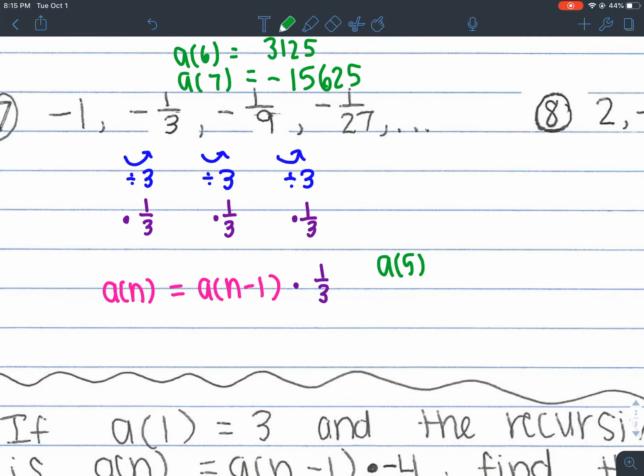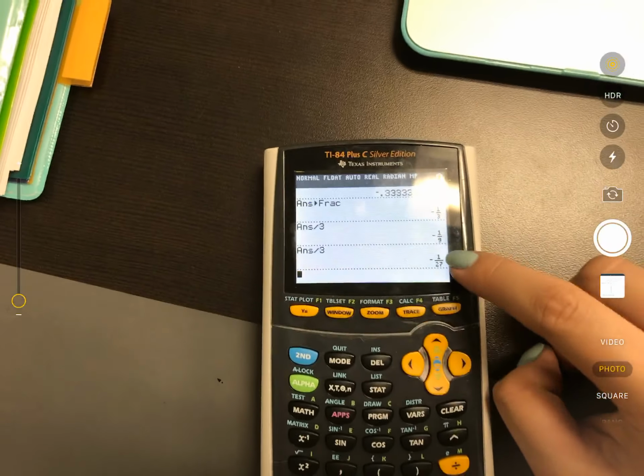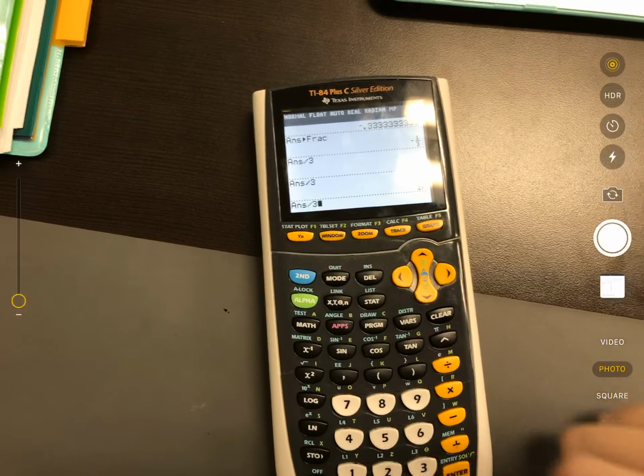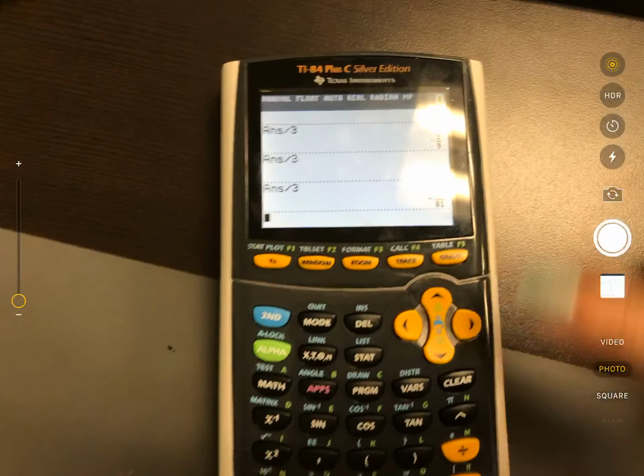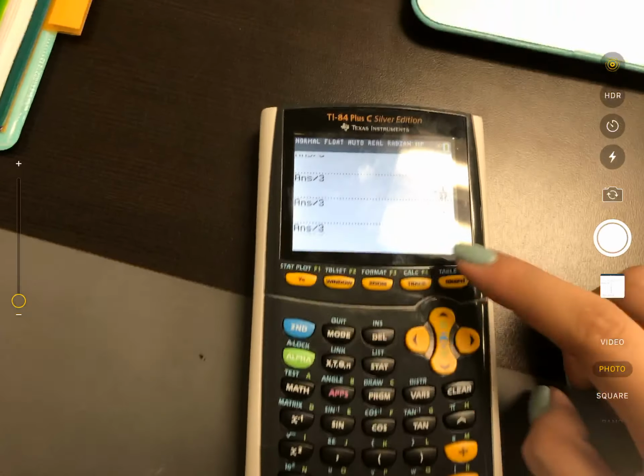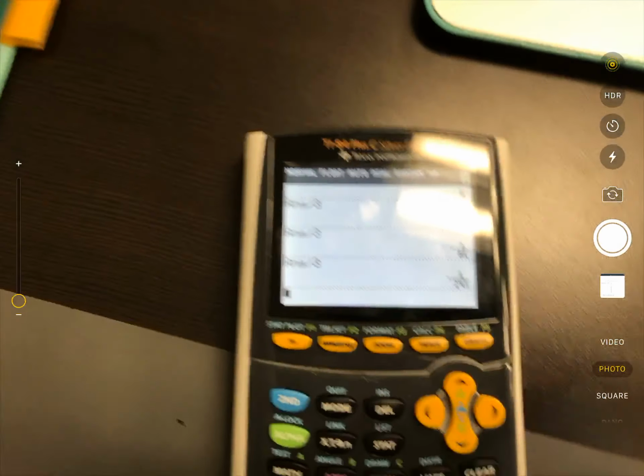Let's find our next 3 terms here. The 5th term would be whatever the 4th term was divided by 3, or multiplied by 1/3, whatever you want to do in your calculator. Again, dividing by 3 is going to be a lot faster. I'm going to take my last term, which was -1/27, divide that by 3. I get -1/81. I'm going to take that number, divide that by 3, and I'm going to get -1/243.